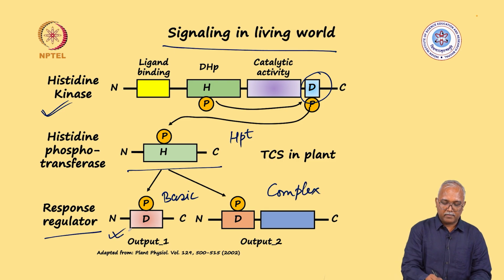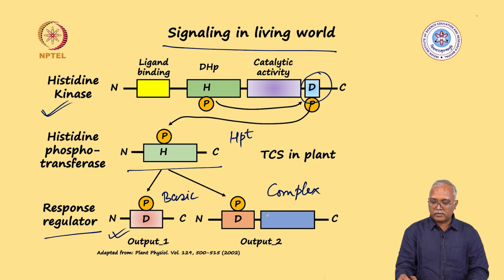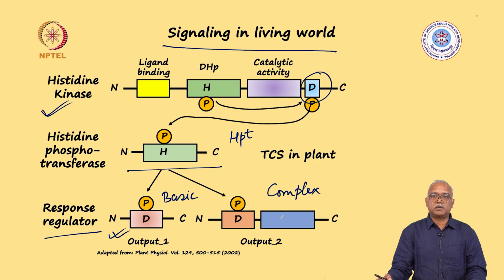The basic one had a minimum receiver domain, and the complex one had an additional domain with respect to the response regulator's receiver domain. We saw examples of this aplenty in the microbial world, whether it was bacteria or fungi.